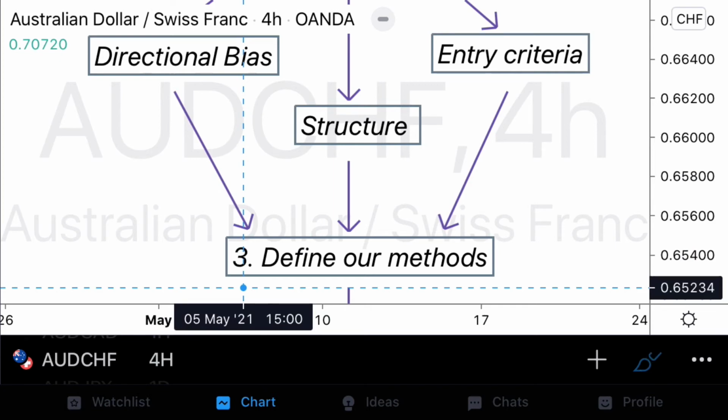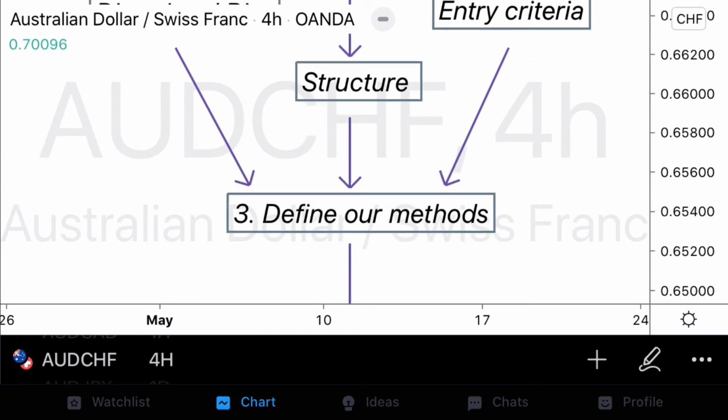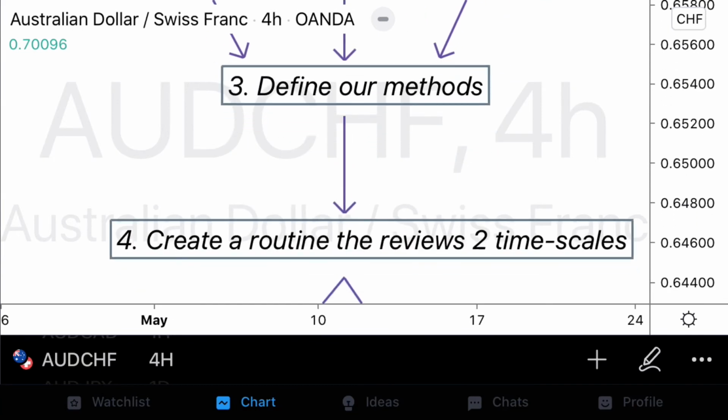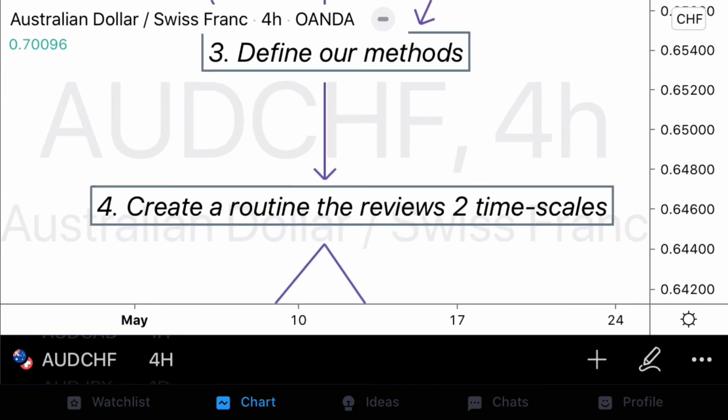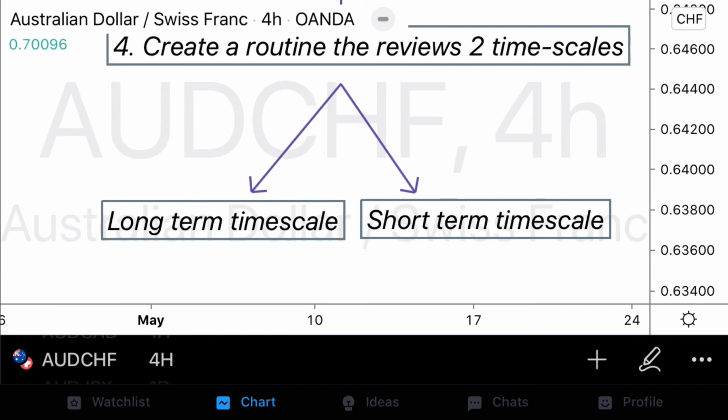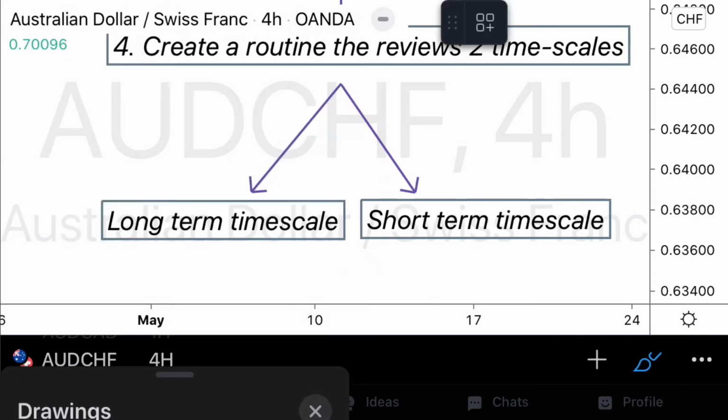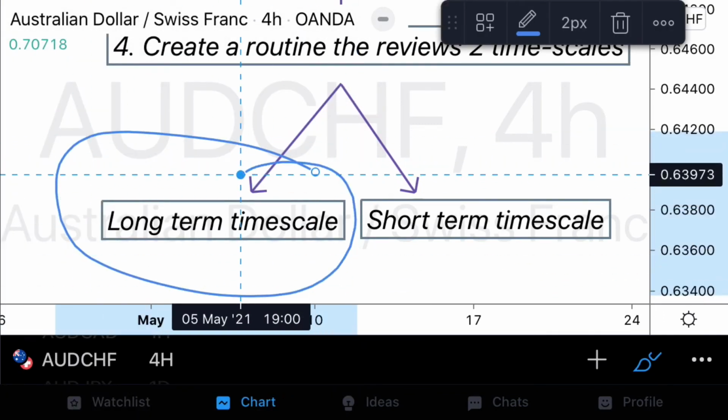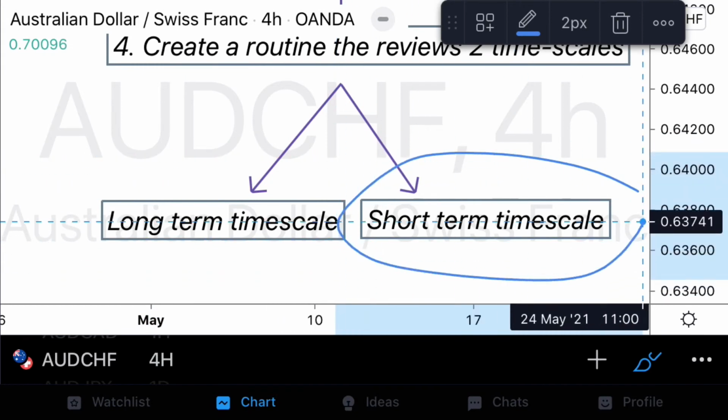Now, after we've defined our methods, which is number 3, next we need to create a routine that reviews 2 different timescales. Now, what do I mean by that? Number 1, we need to be looking at a long-term timescale, and we need to be looking at a short-term timescale.